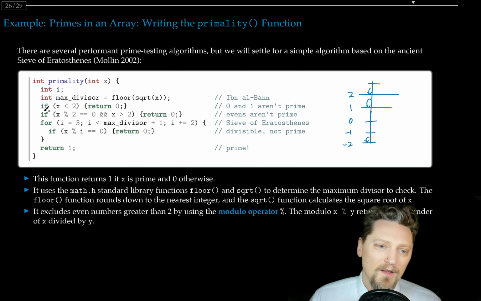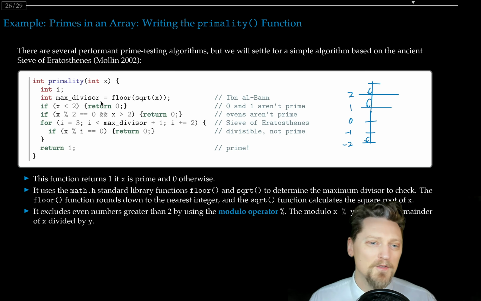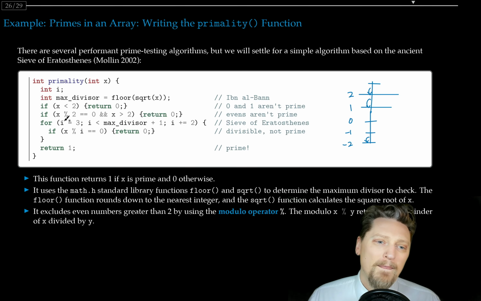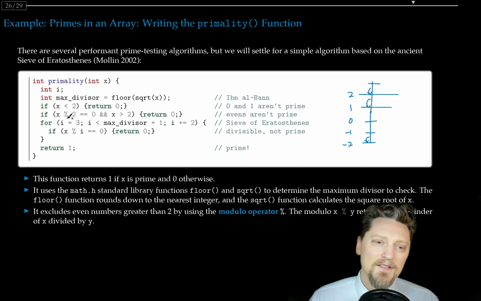We compute it. If x is less than 2, return 0. So 0 and 1 aren't prime, right? So we're not going to consider those. If x is divisible by 2, we're going to return 0. Evens aren't prime. So x modulo 2 is how we read this.